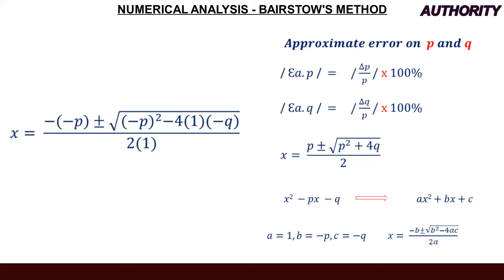When you say minus times minus p, it's going to give you positive p, right? Then we have our plus or minus square root of, inside where we have minus p squared, is going to give you p squared. Then we have minus 4 times 1, which is 4, then 4 times minus q is going to give you minus q, then multiplied by the minus outside, it's going to give you plus 4q all over 2. So this is how we come about the root of the extracted polynomial.